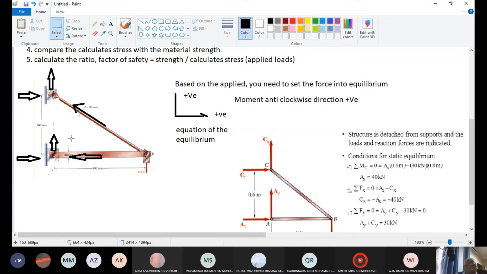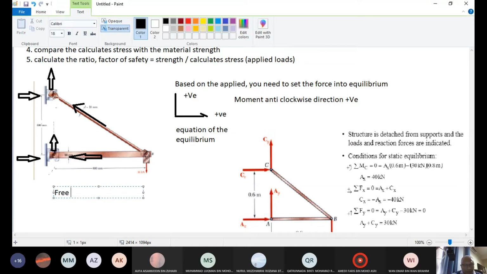The diagram that we have here is called a free body diagram, because it is used to set up the equation of equilibrium. So that's why we need this free body diagram.